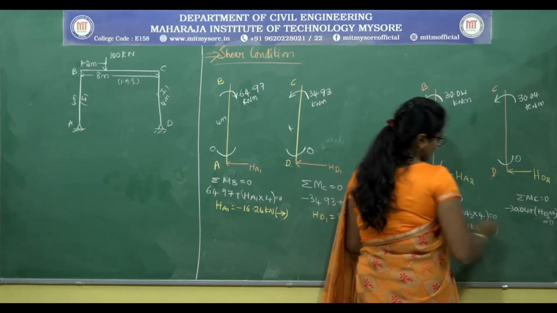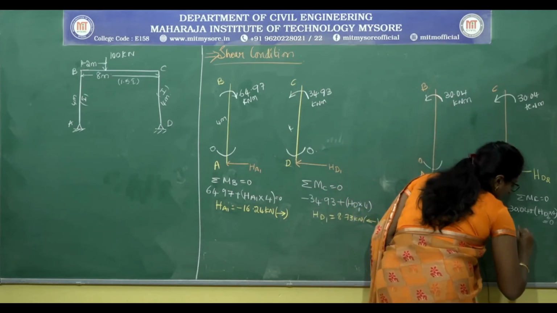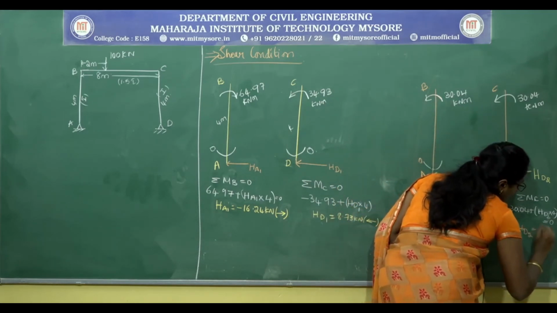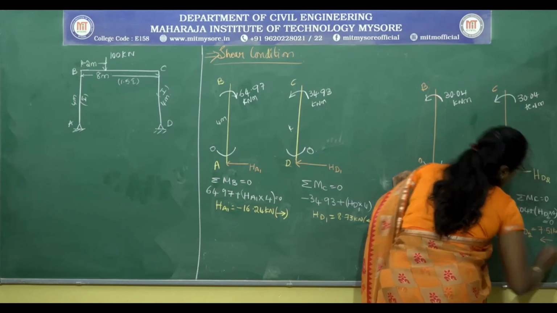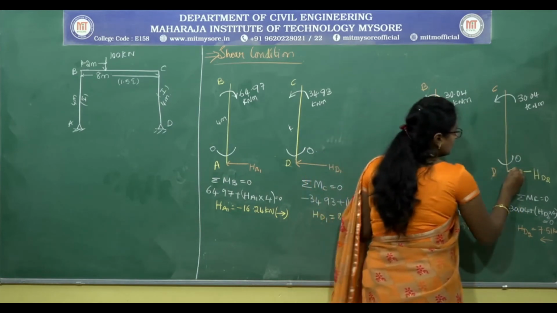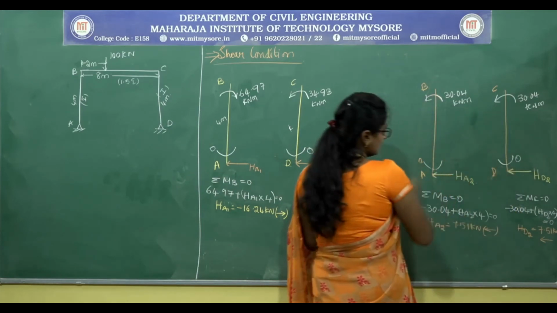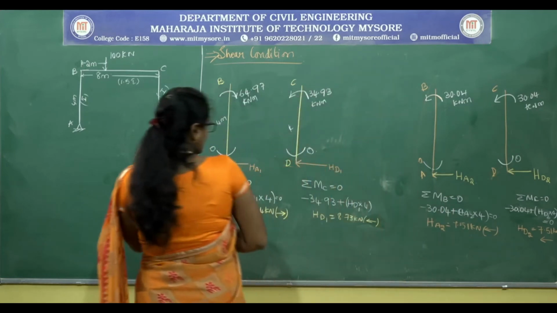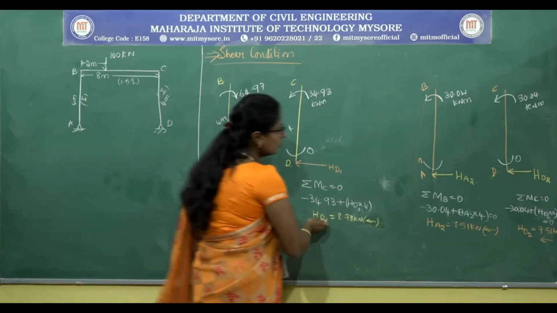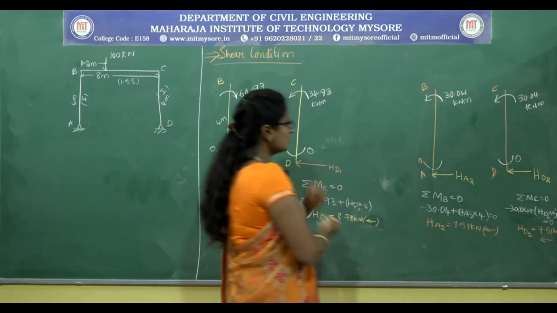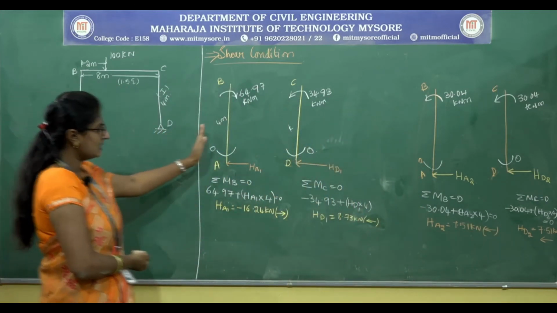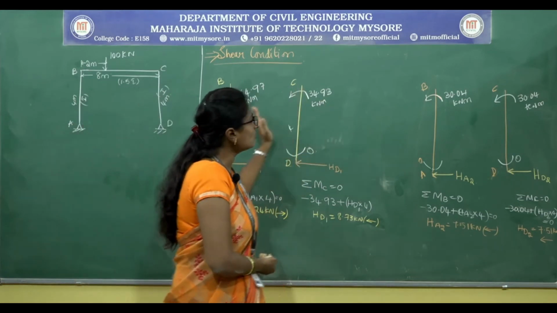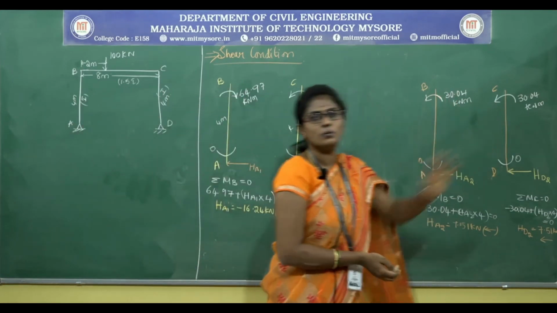So even here HD2 equal to 7.51 kilonewton, even this is acting in this direction because it is positive, the assumed direction is right. Now these are the horizontal reactions or the horizontal forces at the joints A and D by considering the moments without sway and by considering the moments with sway.